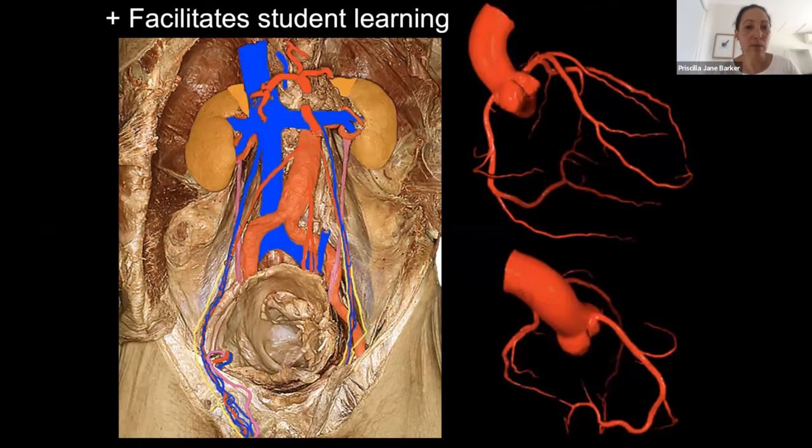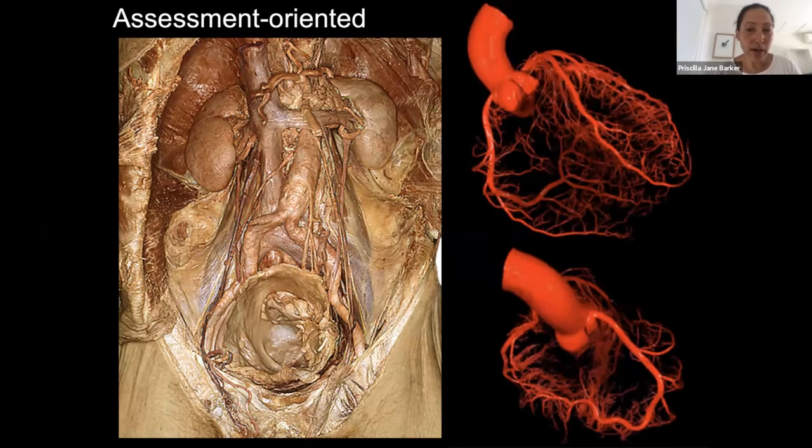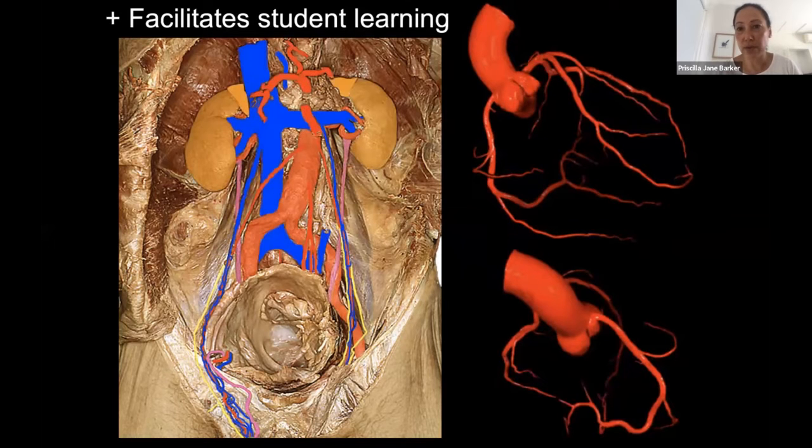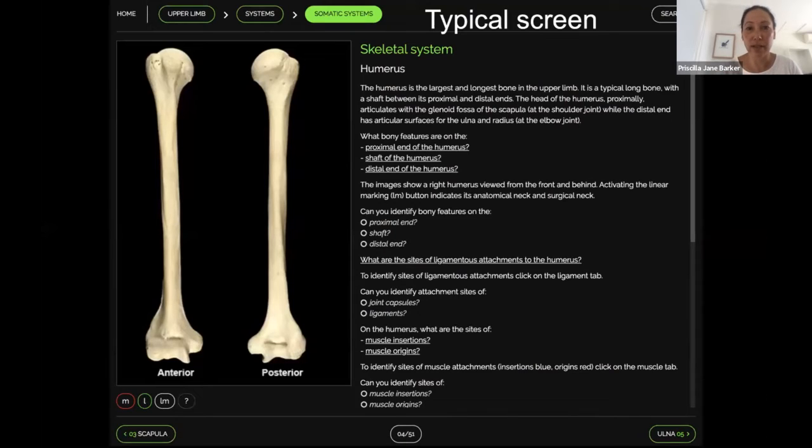But when you put on those semi-transparent overlays, you can immediately see, well, there's the artery, and here are the kidneys, and here is the renal veins. And on the right, it helps you to distinguish the important structures. So there's a lot of blood vessels there, but then you can really clearly see the coronary arteries, those important coronary arteries supplying the heart.